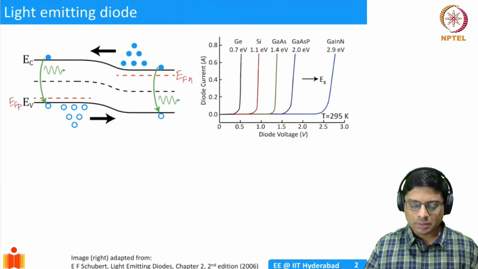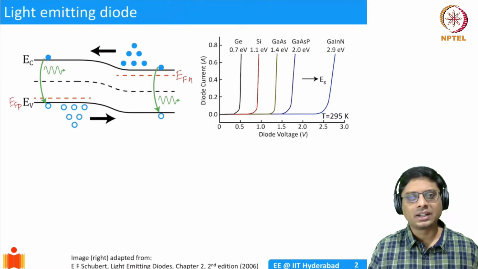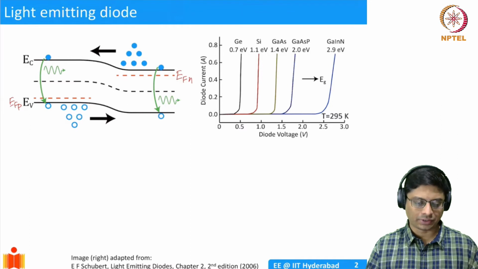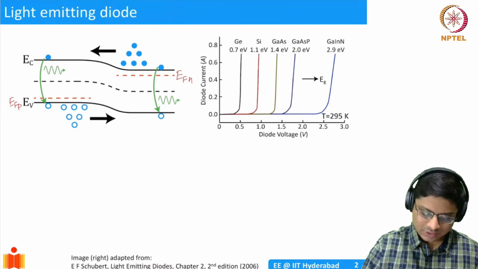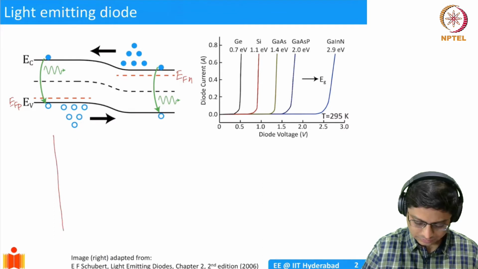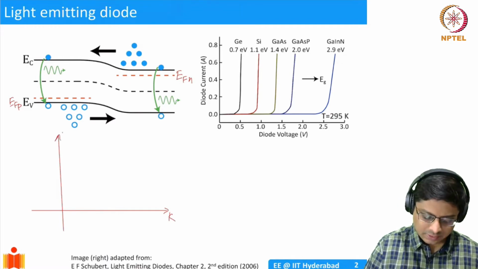So the main distinction between a simple PN junction that we use in electronics and a LED is that we use direct band gap semiconductors. The reason this is important is we've already seen it a couple of times that your band gap, if you look at the E-K diagram, so this is K versus E, right?